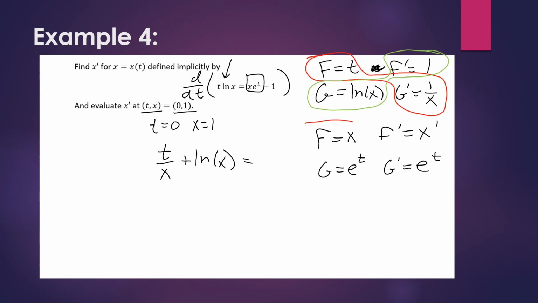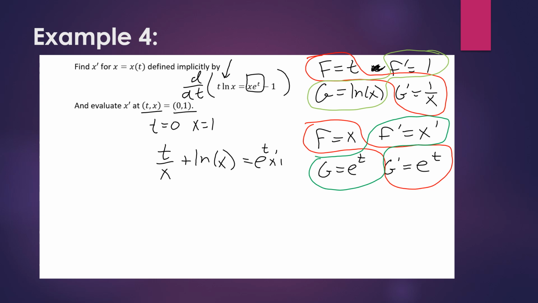And now we're going to cross multiply and add. And when I do that, I'm going to get e to the t x prime plus x e to the t.